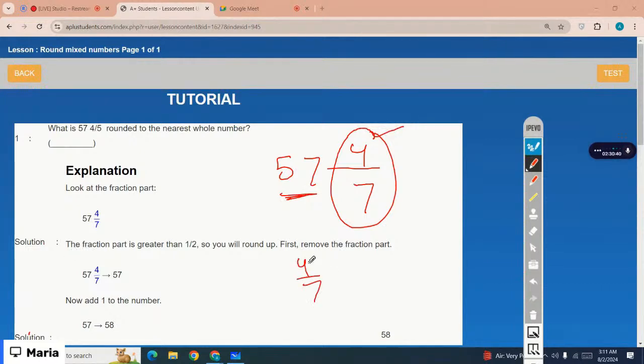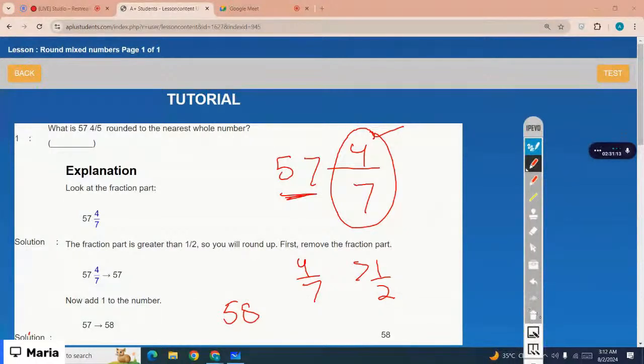If the fraction is greater than 1 by 2, you need to round up, which means you round to the next whole number. And if it is less than half, you need to round on the same whole number, right? So 4 over 7 is greater than 1 over 2, so that means you need to round up. So 57 whole 4 by 7 is rounded off to 58. Got it?